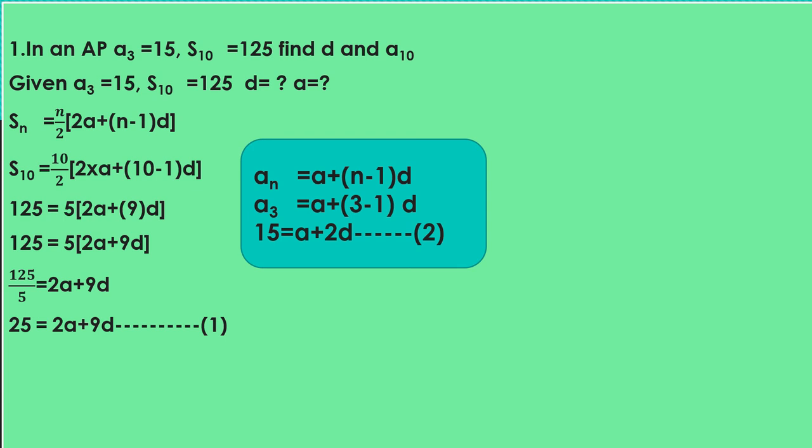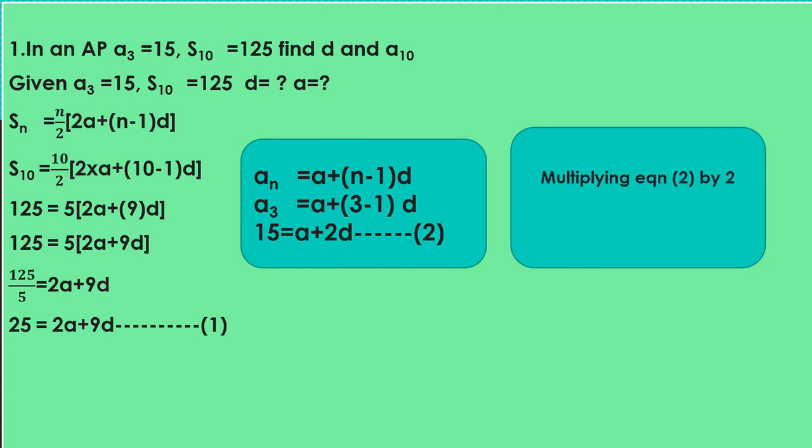That is the second equation. Multiplying the second equation by 2, we get 30 equal 2a plus 4d. That means 15 into 2 is 30, a into 2 is 2a, and 2d into 2 is 4d. So that is the third equation.